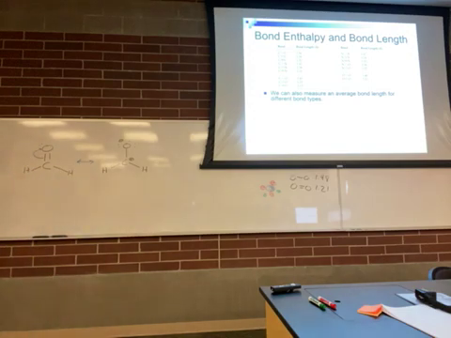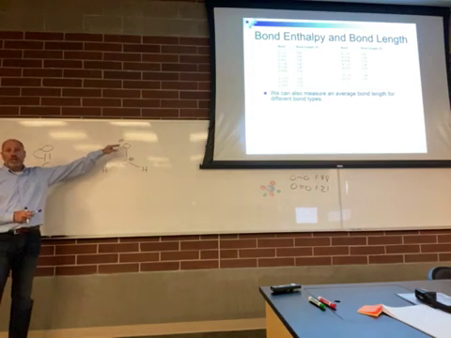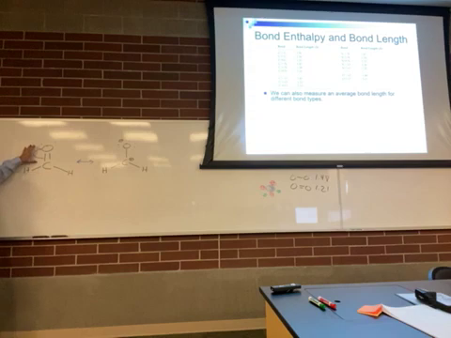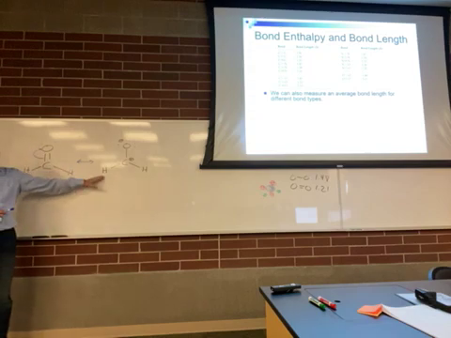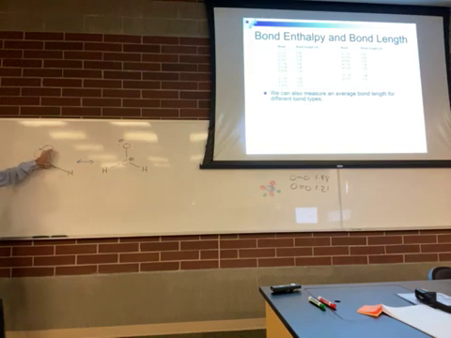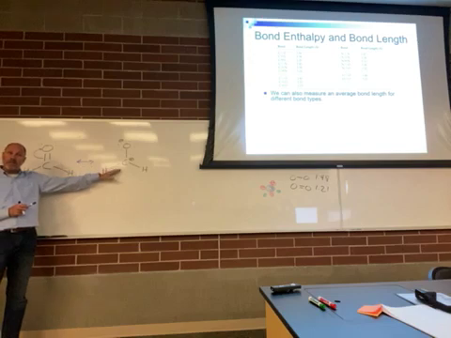But here's the thing. I don't necessarily want an entity that has charges. If I have an octet rule with no charges, I'm a better structure. So what happens with ozone, ozone doesn't necessarily look like this or like this. It mostly looks like this, but it does look a little bit like this.